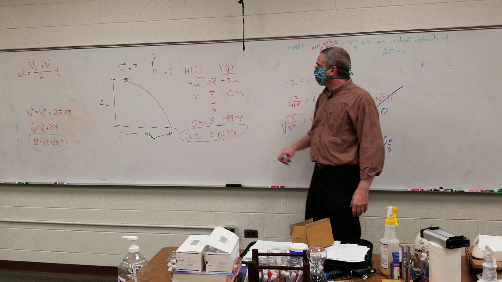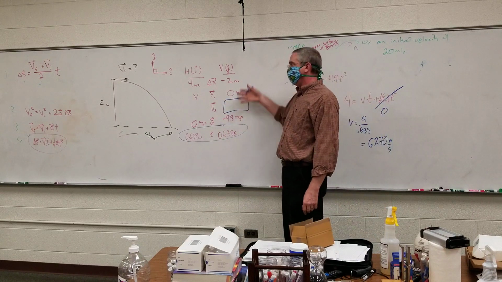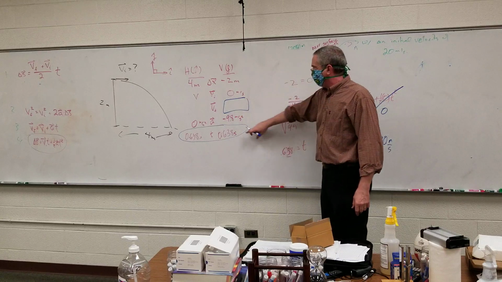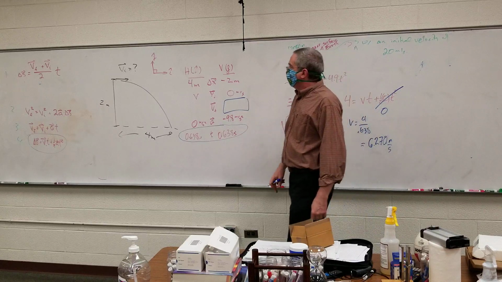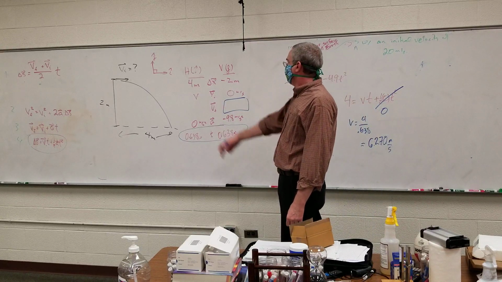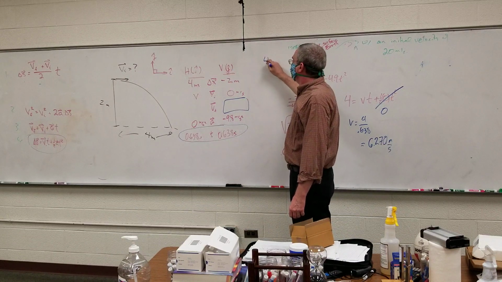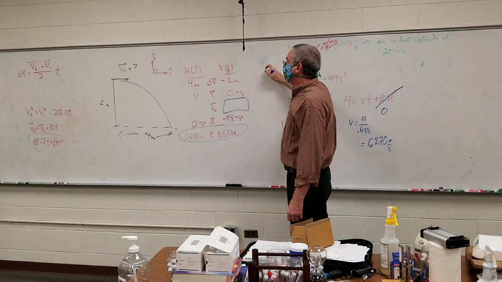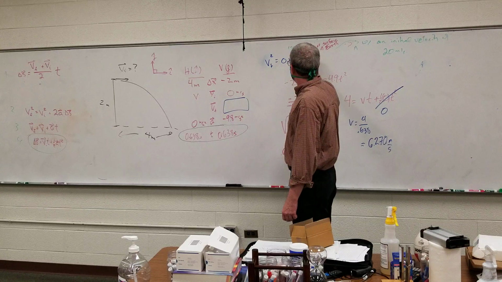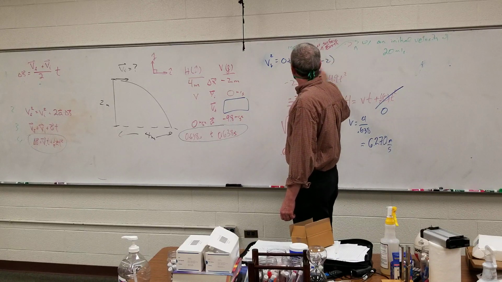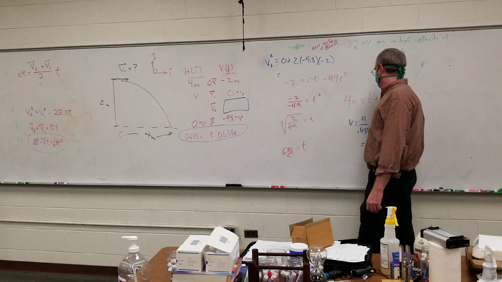The vertical component, well, I need to find this, and I have 4 other pieces of information. I would prefer not to use this one just because that's rounded off. So I would use number 2. So I have 4, nope, I lied on that one. I have VF squared is equal to 0 plus 2 times negative 9.8 times negative 2.